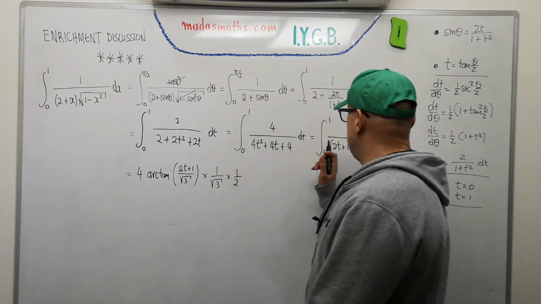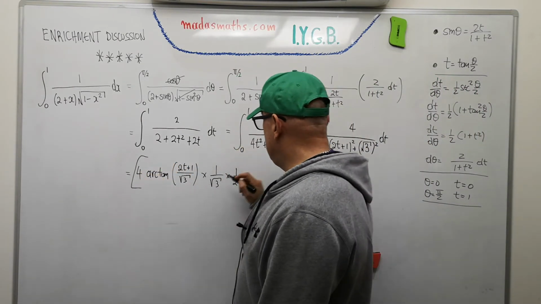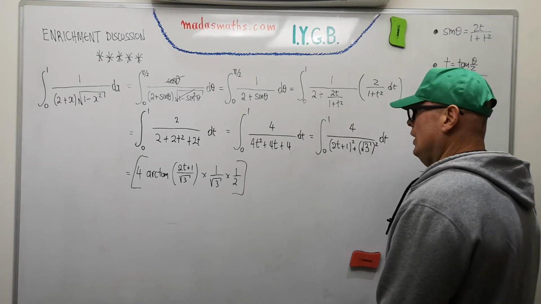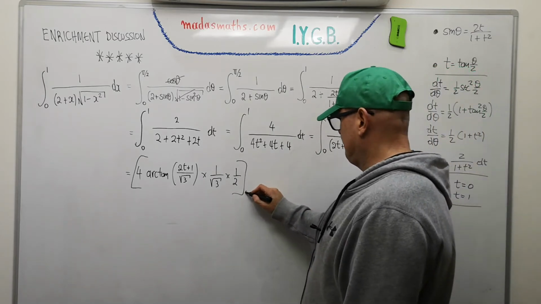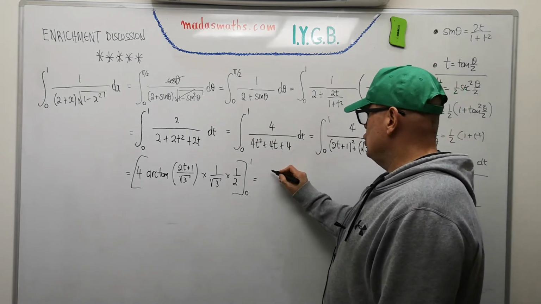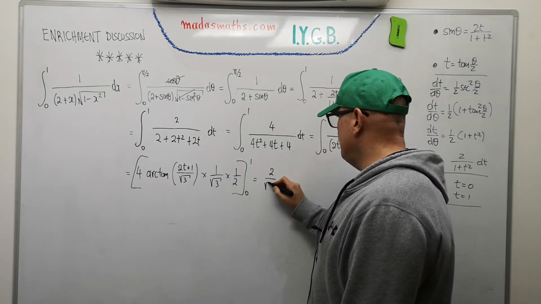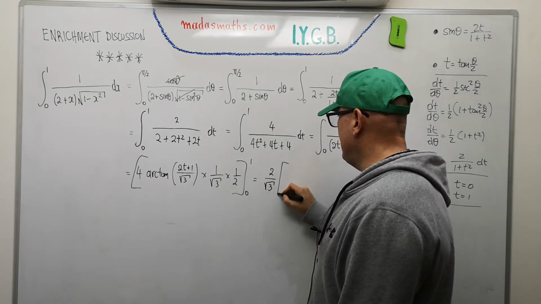So I just need evaluation brackets because I've got this to be evaluated between 0 and 1. This will give me, first of all, 2 over root 3, half times 4 over root 3. I'm going to pull it outside the bracket.